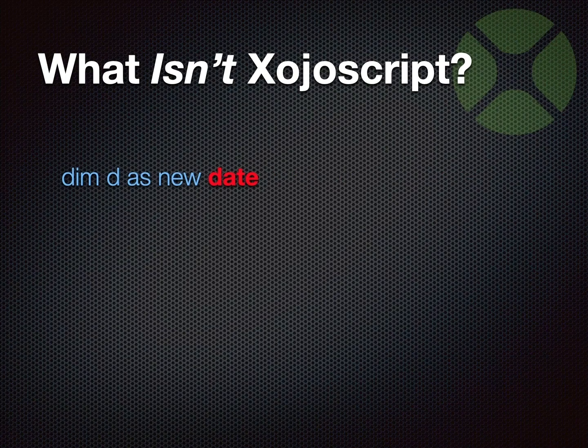Note I'm still using API 1.0, but folder item objects, okay? These are all actual classes that are part of the Xojo framework, but they're not technically part of the Xojo language, right? But we use them so much in our Xojo applications, we tend to think, oh, this is Xojo, but it's actually not. It's part of the framework.